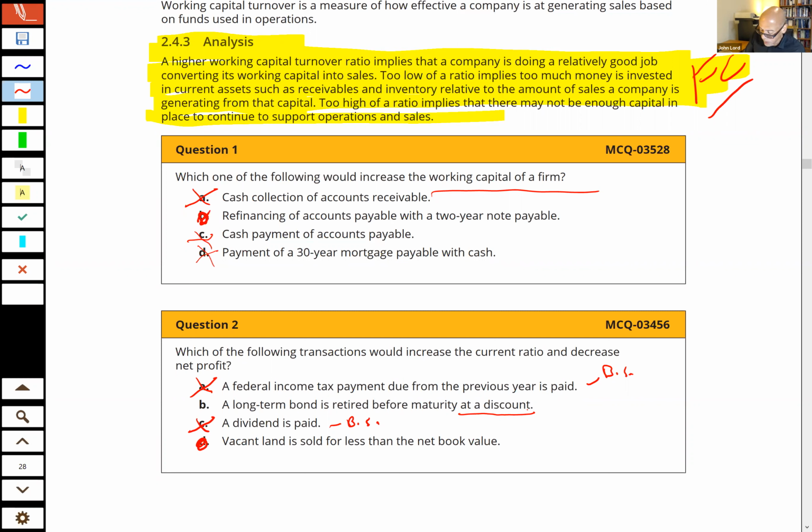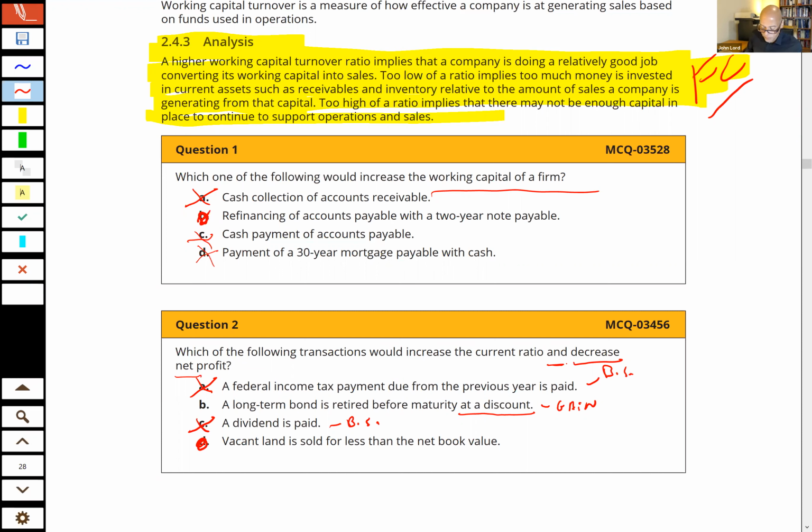That's probably going to result in a gain, and they're asking me what will decrease net profit. Further, I'm going to get rid of a long-term liability by using cash, so that's not going to increase my current ratio.